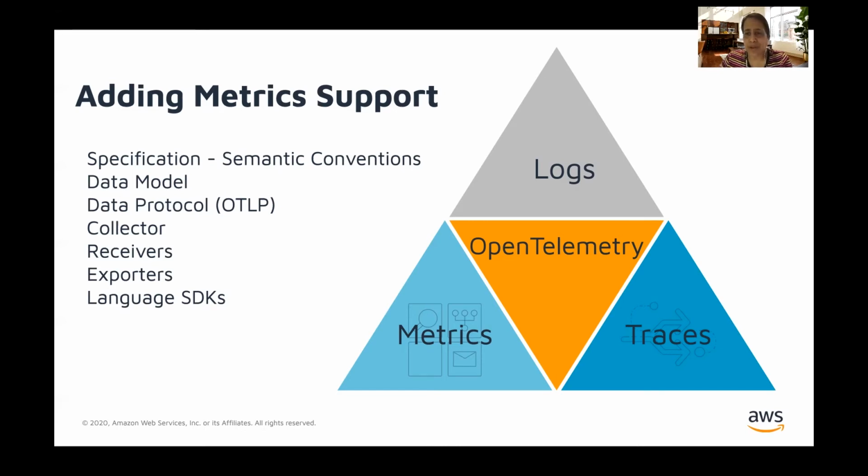The OpenTelemetry protocol needs to be fully supported and enhanced to support different metric types, especially more complex aggregations such as summaries and histograms, which are specifically needed for interoperability with other popular frameworks such as Prometheus or StatsD. Metric support also needs to be added to the collector, to receivers, to exporters, and of course, to the language SDKs also.